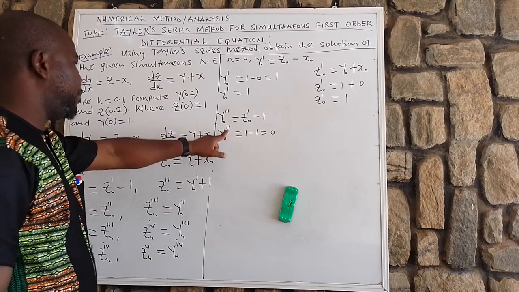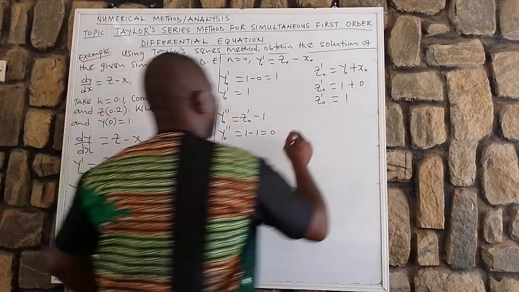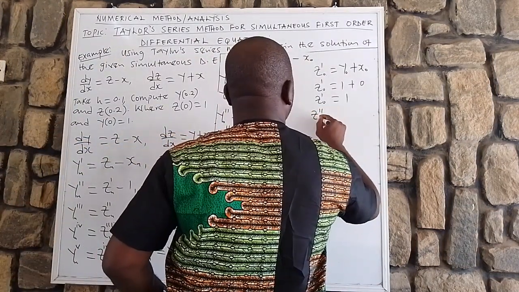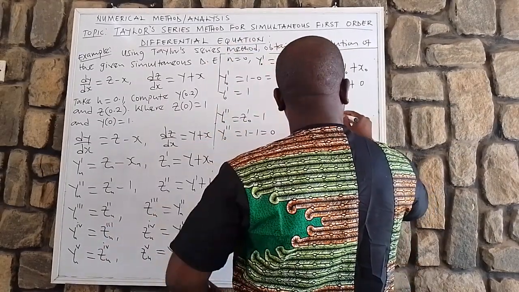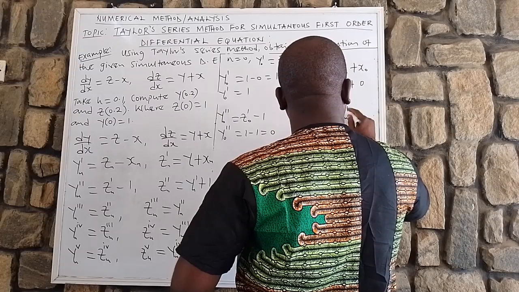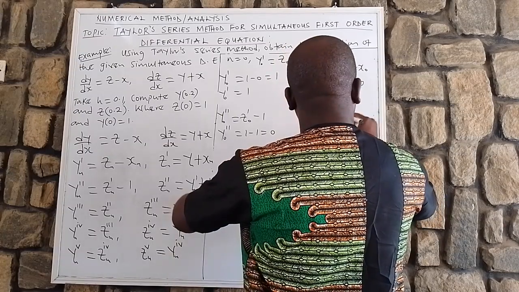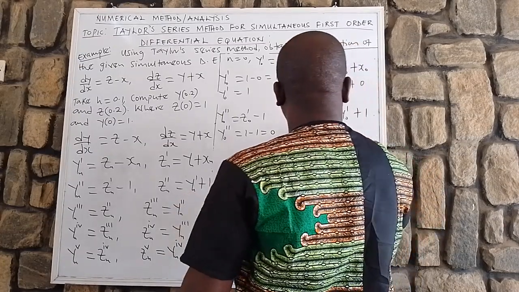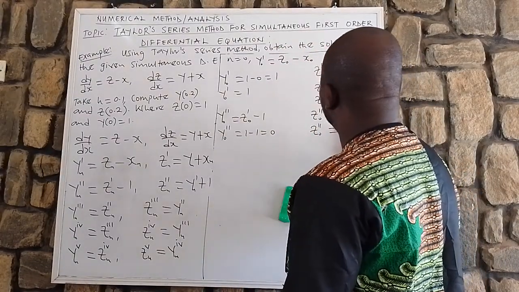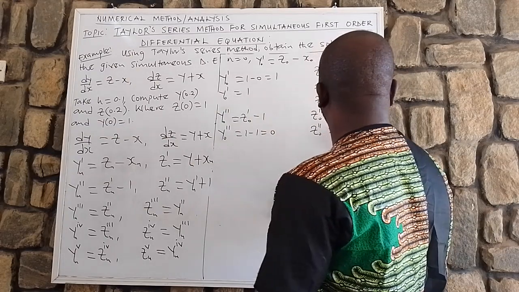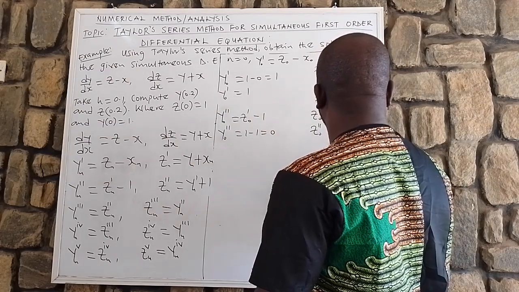So our y prime naught is 0. Then z prime naught is equal to y prime naught plus 1. So our z prime naught is equal to, y prime naught is what? Come back here, it is 1. 1 plus 1, which is equal to 2.